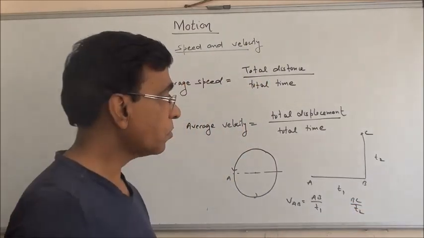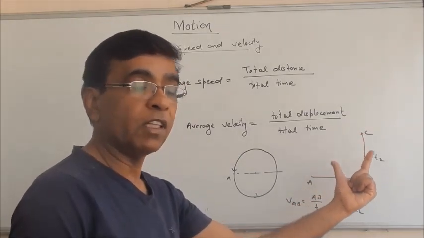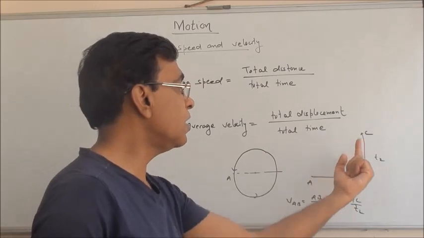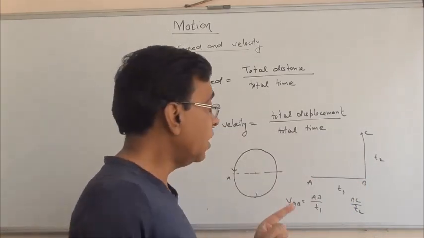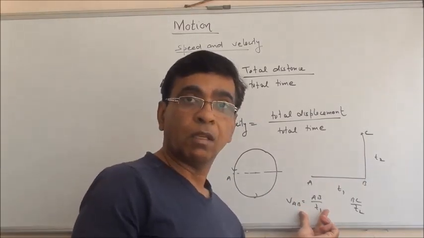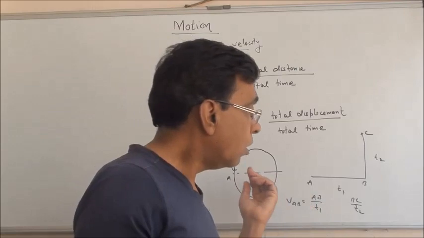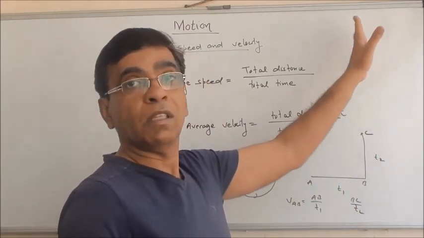But if I have to calculate the average speed, I can simply add AB plus BC divided by t1 plus t2, but this will not work with velocity. We need the displacement then. This is the velocity along this direction. This is the velocity along this direction.